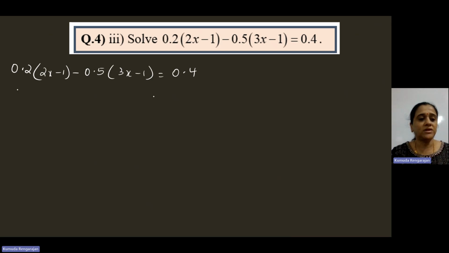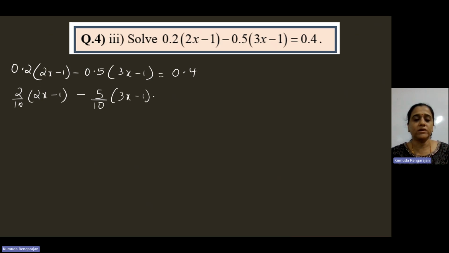So 0.2 is nothing but 2 by 10, into 2x minus 1, minus 5 by 10 into 3x minus 1, is equal to 4 by 10. Now this reduces to 2 ones are 2, 5 fives are correct, 5 ones are 5, 2 twos are correct.